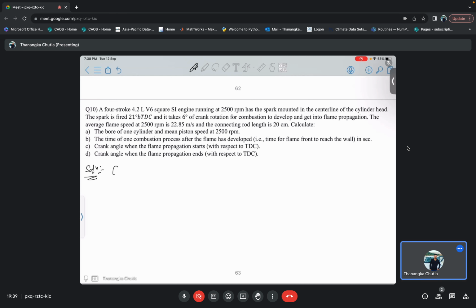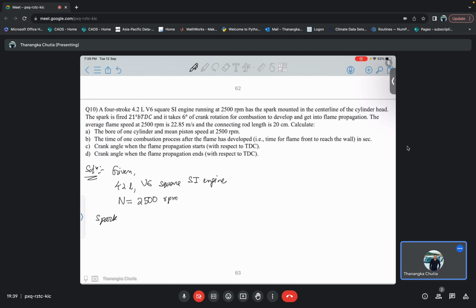Okay, so given: 4.2 liter V6 square SI engine, and N is 2500 rpm.